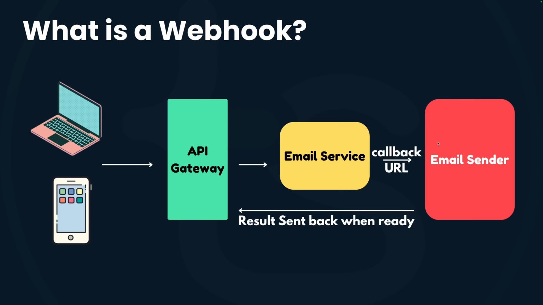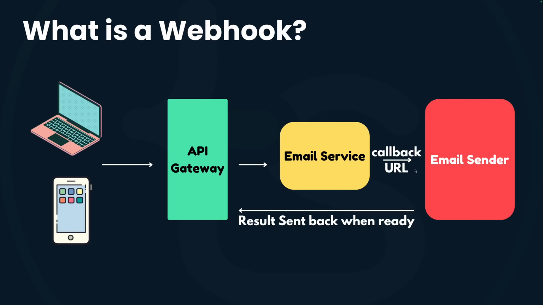On the first poll, it might figure out that the email has not been sent, it is in progress. It will poll again after a few seconds, and again after a few seconds, and finally it will find that the email has been sent. Then it will send a response back, and the response will come to the client. With polling, there is a lot of resource misutilization, because you don't know when your action, like the sending of email, will be taken, and you will keep polling.